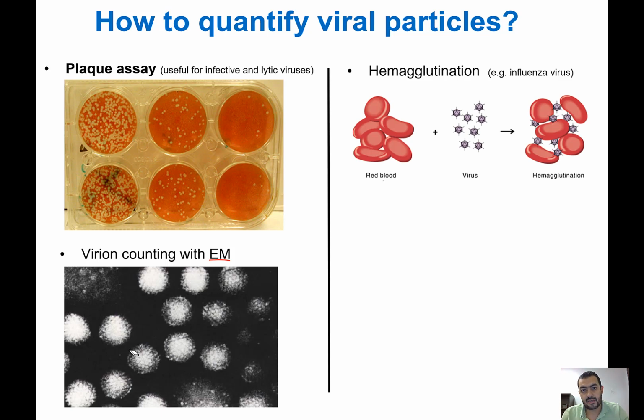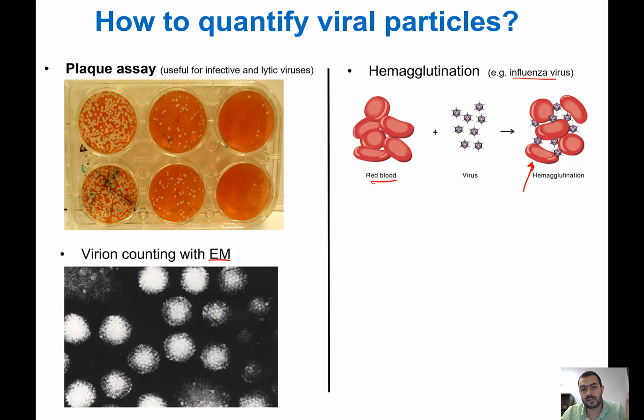Okay, we have discussed viruses that are capable of hemadsorption. In this case, we are talking about a similar feature, which is hemagglutination. Some viruses, including, for example, influenza virus, are able to agglutinate red blood cells, causing the formation of these aggregates.